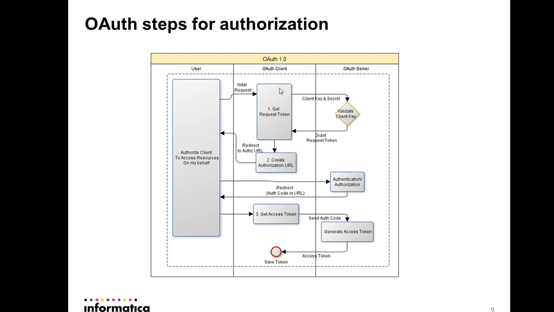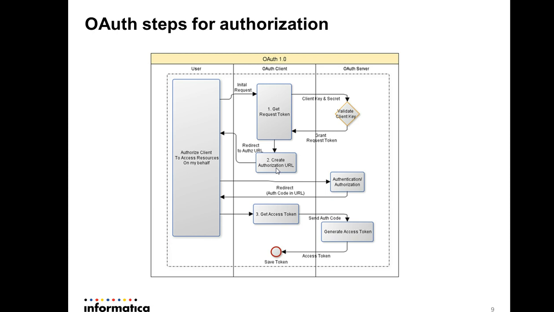So the client provides the client key and the client secret, which is between the server and the client, and the server, after validating the key, provides a grant request token so that it is allowed to get the access token. After the application is verified, it can get the access token from the user. Using that access token, it will access the server on behalf of the user.